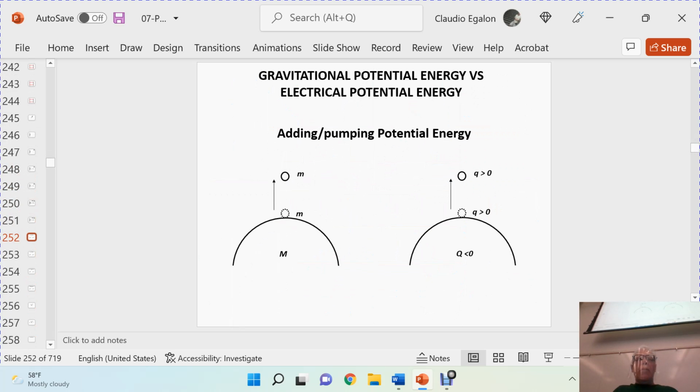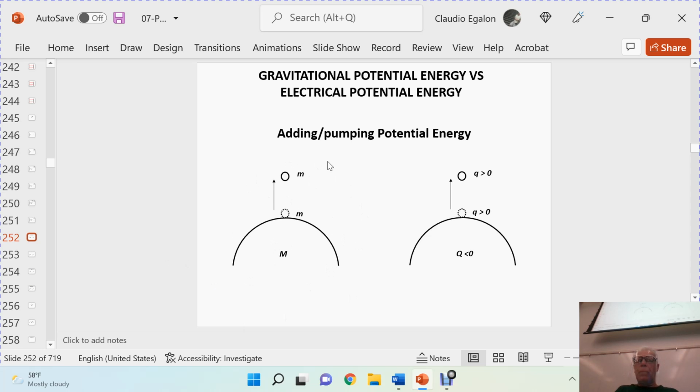When you are talking about gravitational potential energy, we are talking about two masses. Let's say one smaller mass and another larger mass, the bottle and the earth. This guy has gravitational potential energy because the earth is part of his system. Without the earth, this mass has no gravitational potential energy whatsoever.